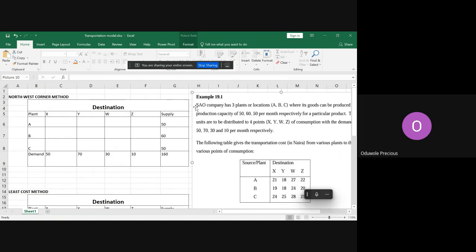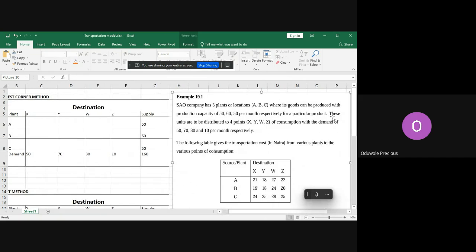The question says a company has three plants or locations A, B, C where its goods can be produced with a production capacity of 50, 60, 50. When I say production capacity, that's the amount you can produce, and that's the quantity you can also supply.